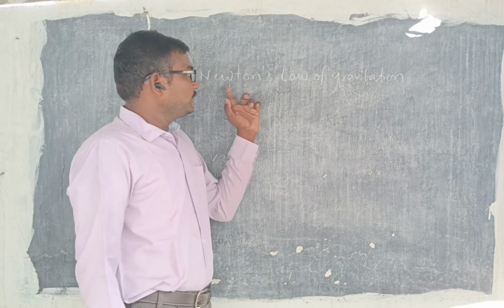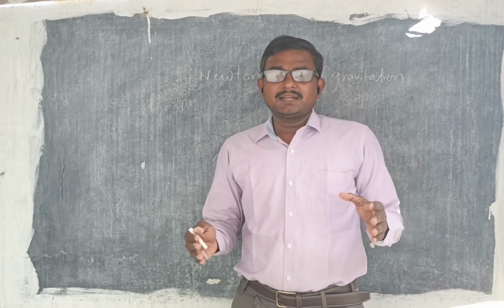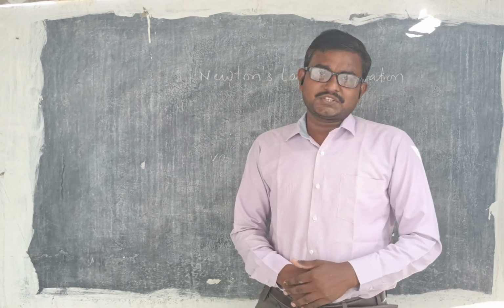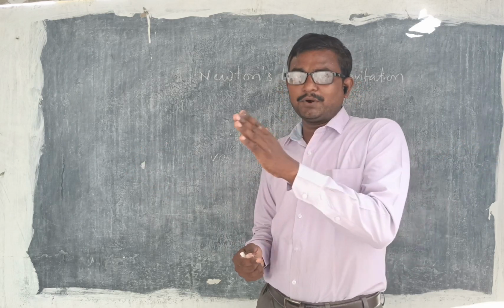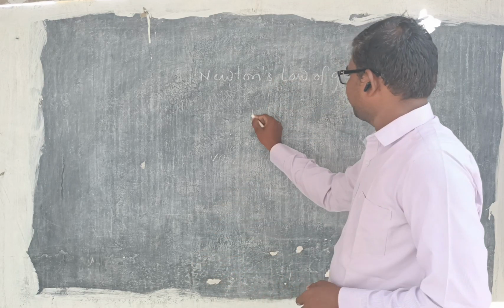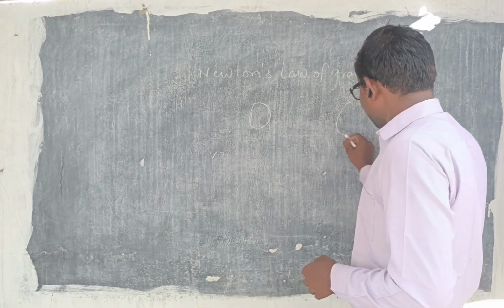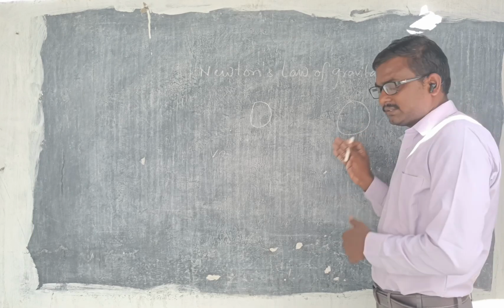First, Newton's law of gravitation. Newton's law of gravitation tells every object in the universe attracts another body with some amount of force F. See, this is a body. We take another body here.